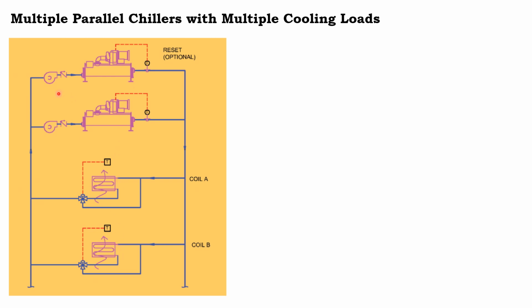Both of these pumps are going to pump the water. Let's say it is 100 GPM at one and 100 GPM at the second, so 200 GPM of water is going to be pumped into the entire system when both of these cooling loads are at peak.